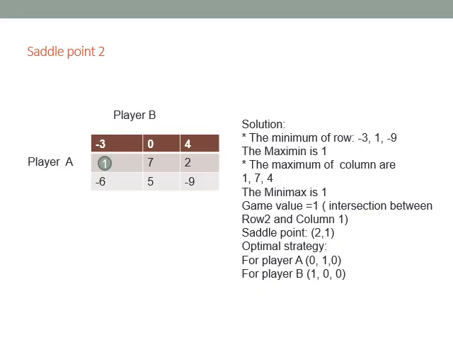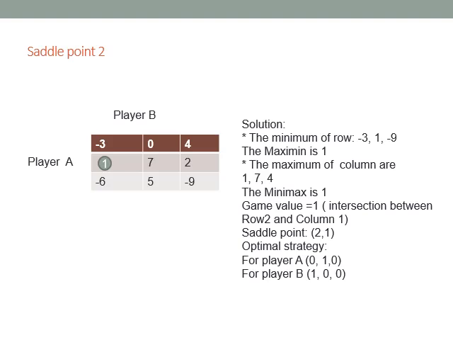For the third row, row number 3, the minimum value is -9, because -9 is less than 5 and less than -6.